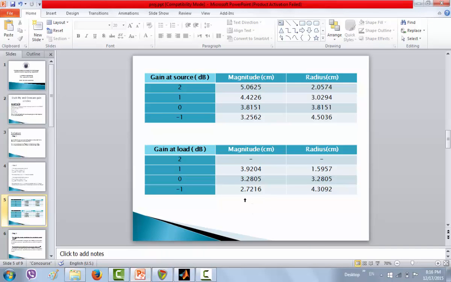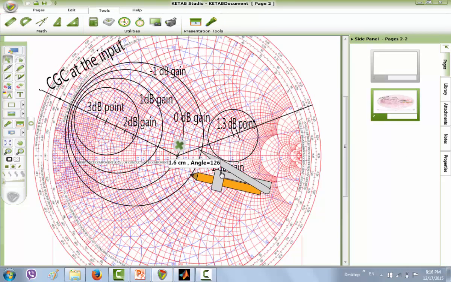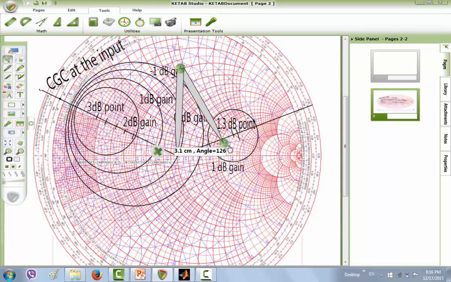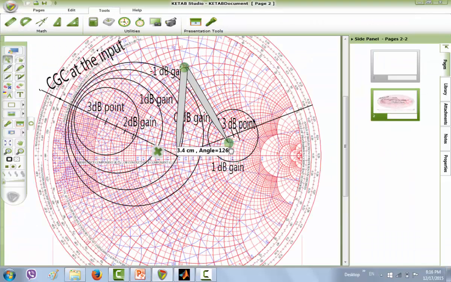Okay, for the 0 dB gain, its center is at 3.28 and its radius is the same. So from the origin, 3.28, which is approximately 3.3.